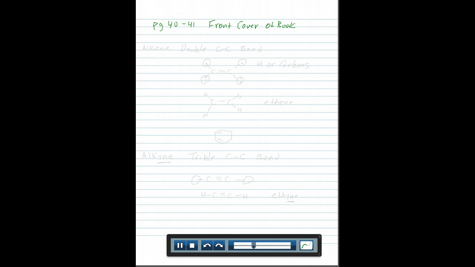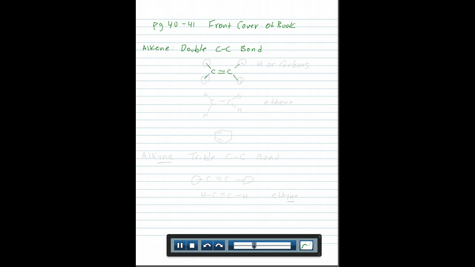The first one we'll learn about is an alkene. Alkenes are basically something that has a double carbon-carbon bond. The way you recognize an alkene functional group is a carbon with a double bond to another carbon.